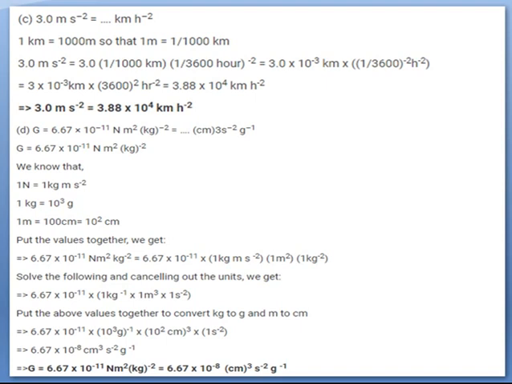See, substituting the values of all, that is 1 kg is equal to 1000 gram, 1 meter equals 10 raised to the power of 2 centimeter, and after simplifying we'll get the value of the gravitational constant, that is 6.67 into 10 raised to the power of minus 11 Newton meter square per kg square into cm cube per second square per gram will be 6.67 into 10 raised to the power of minus 8.